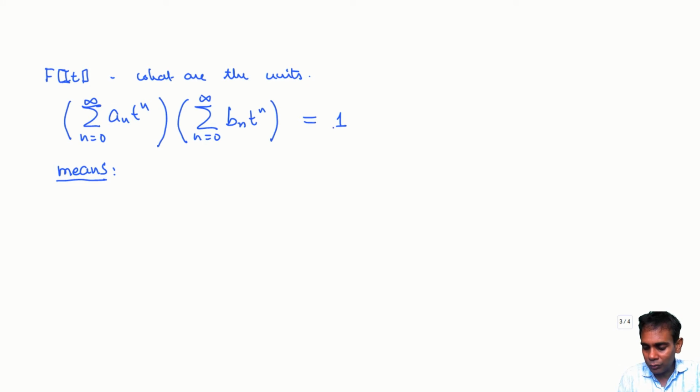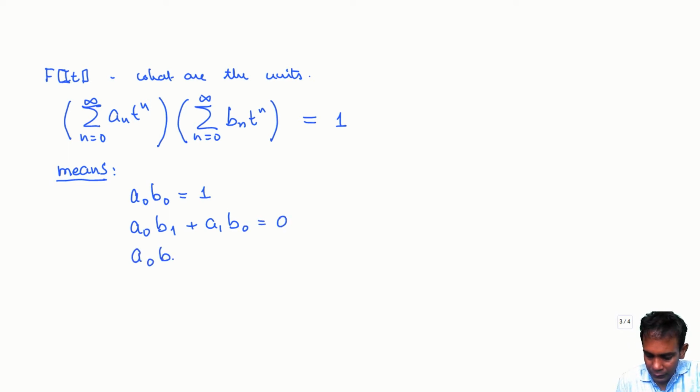we have to compare the coefficient of t to the power 0, the constant term, and what we get is a0 b0 is equal to 1. Then it also means that a0 b1 plus a1 b0 is equal to 0. Comparing this, this is the coefficient of t on the left hand side, 0 is the coefficient of t on the right hand side, and comparing the coefficient of t squared, we get a0 b2 plus a1 b1 plus a2 b0 equals 0.